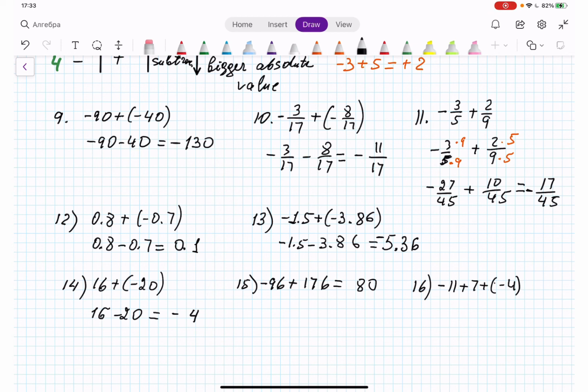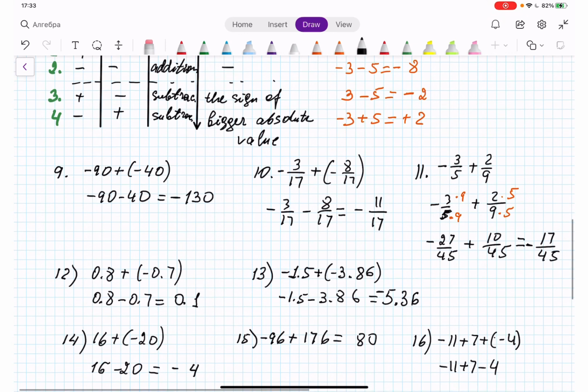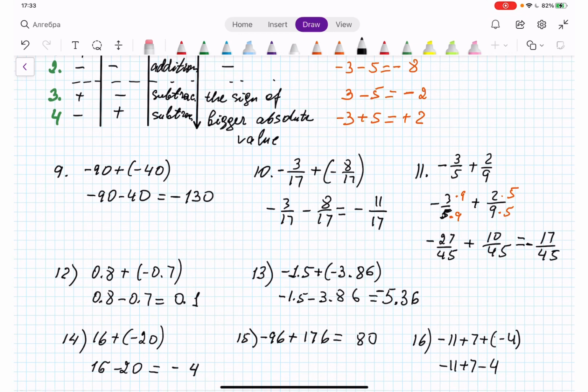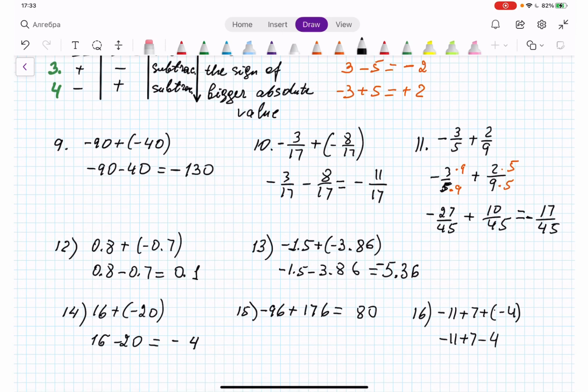So we're writing down negative 11 plus 7 minus 4. So negative 11 plus 7, it's case number 4, we subtract with the sign negative because 11 is negative. So it's going to be negative 4, and then negative 4, one more negative 4, negative, negative, case 2. So we add and use the negative sign. So negative 4 and negative 4 is going to be negative 8. Okay?